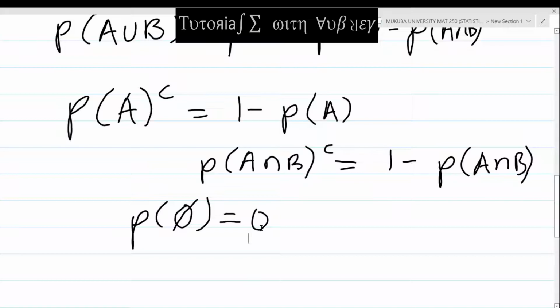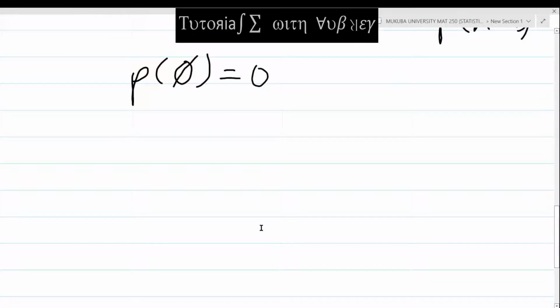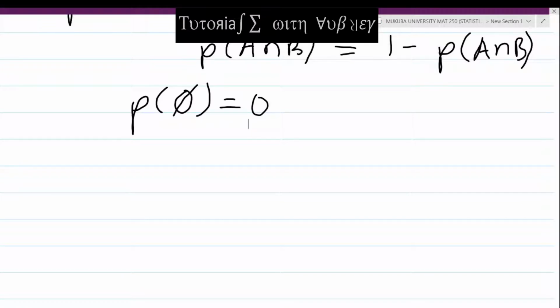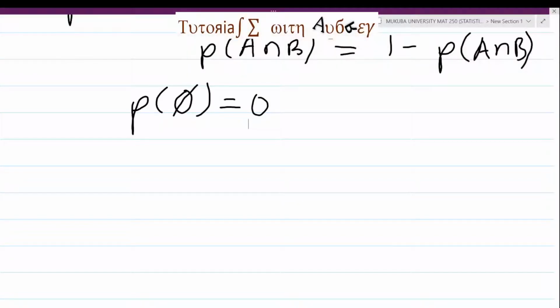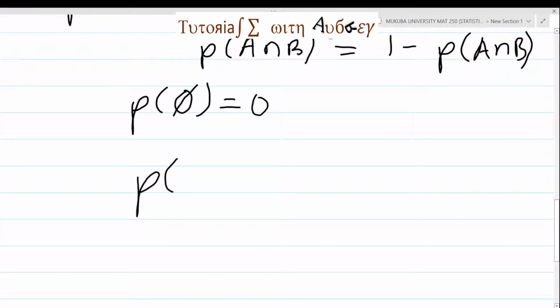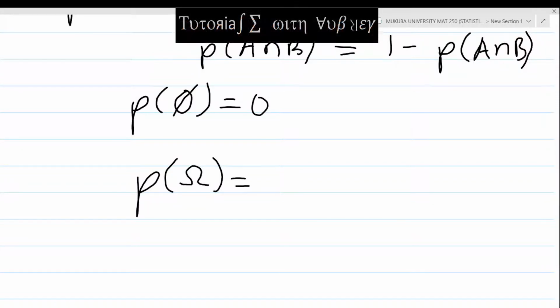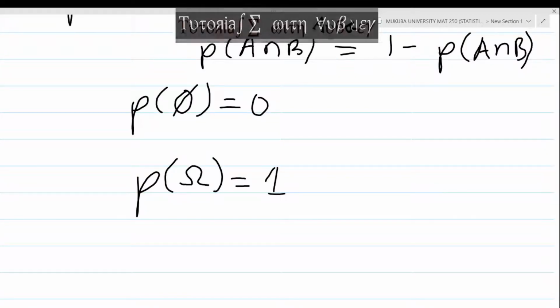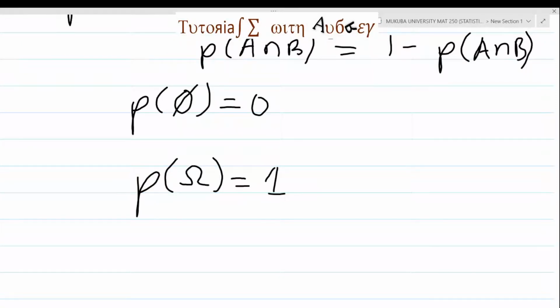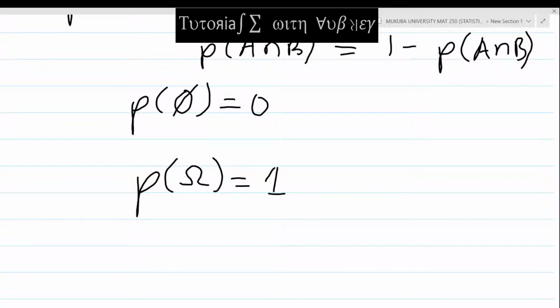Then the probability of the sample space is equal to 1. What is the probability of everything in the sample space happening? It is 1. Let's say you toss a coin. What is the probability that you get heads or tails? Heads or tails are in the sample space, so the probability will be 1.